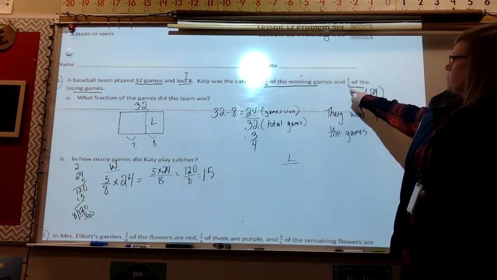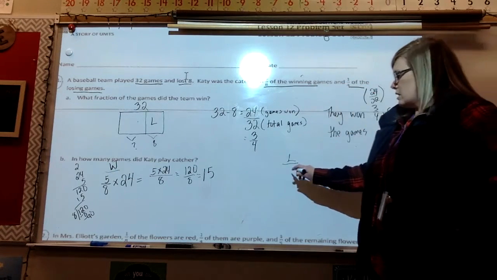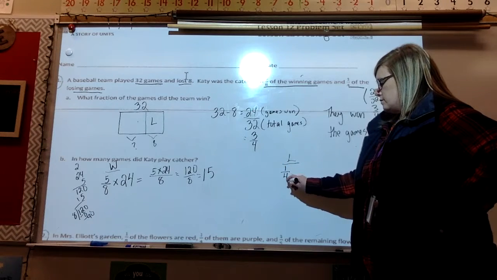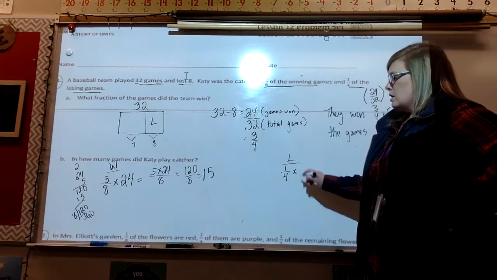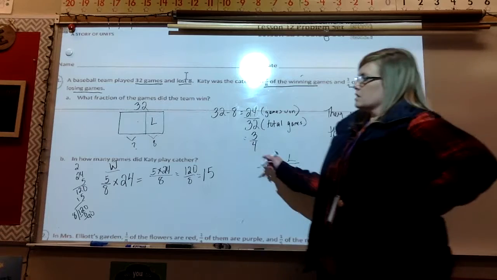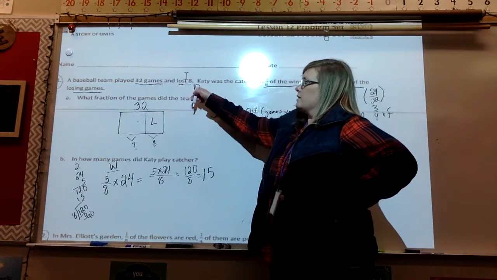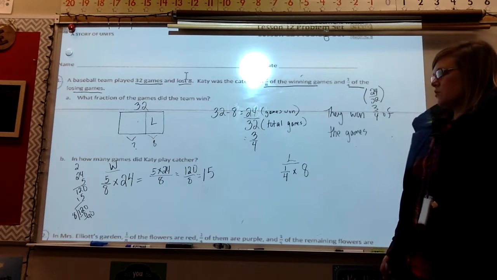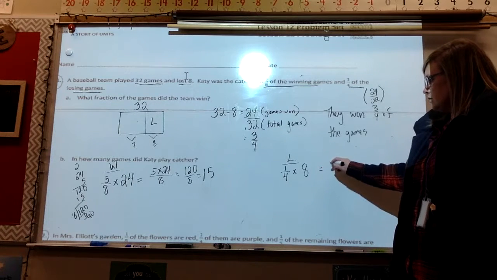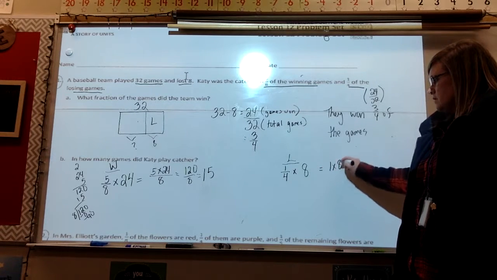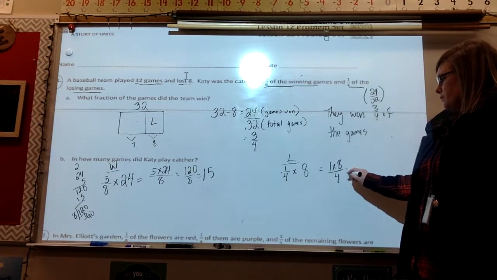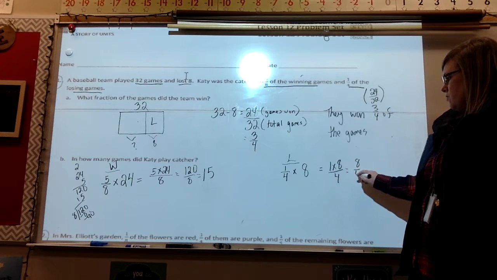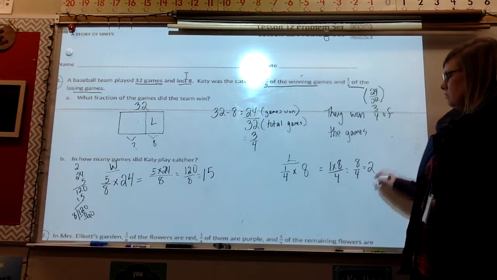She played in 1/4 of the losing games. Of the losing games, the problem tells me, and from part A, that they lost 8 games. So to find 1/4 of 8, I'm going to multiply 1 times 8, divide it by 4. That's going to give me 8/4, which equals 2.